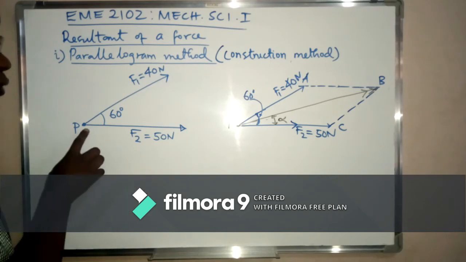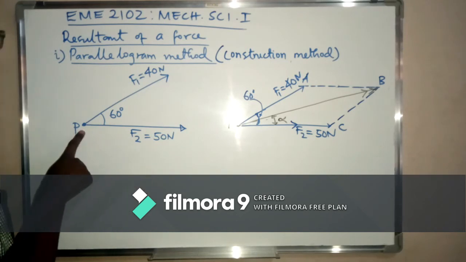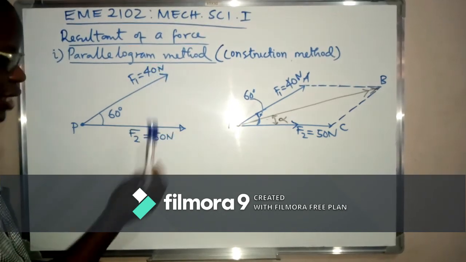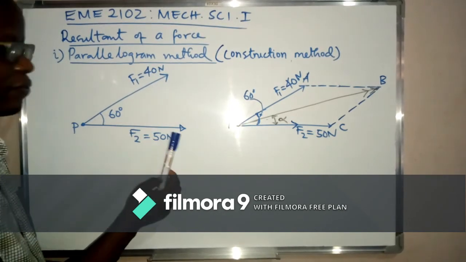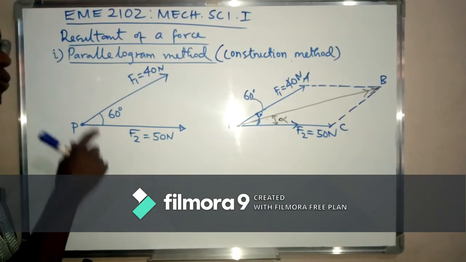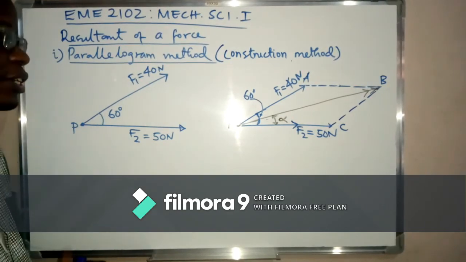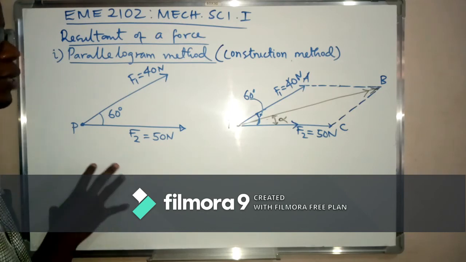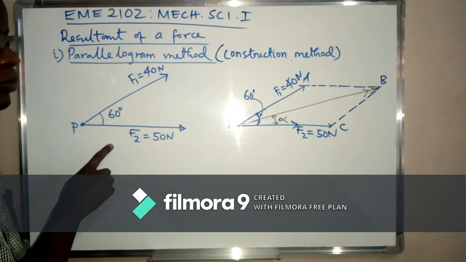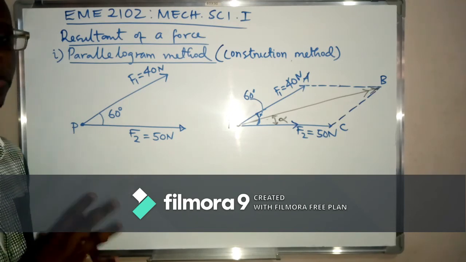We have two forces acting from point P. F1 has a magnitude of 40 newtons, and F2 has a magnitude of 50 newtons. The angle subtended between these two forces is 60 degrees.